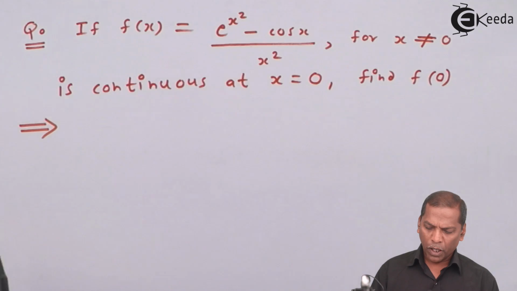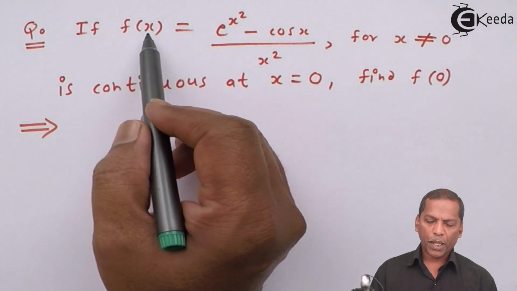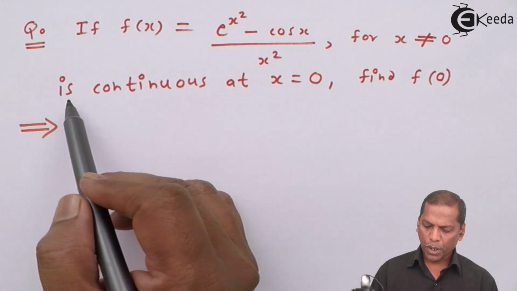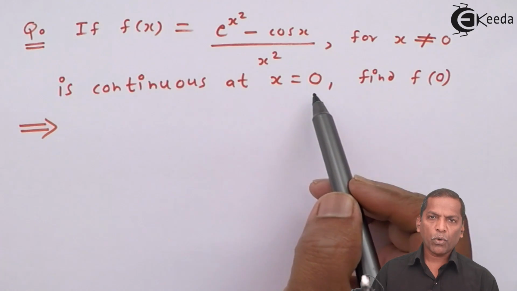First of all, the given function f of x is continuous at x equal to 0.